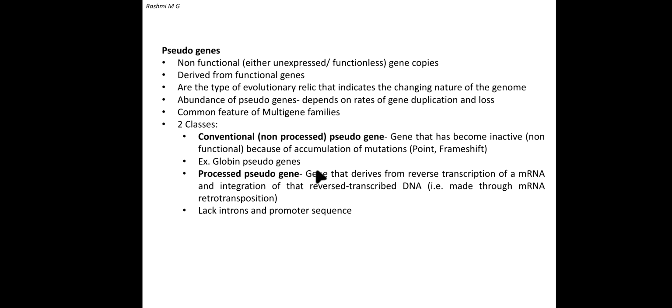And there are two classes of pseudogenes: conventional, which is non-processed; and processed, which has undergone some changes like reverse transcription of mRNA or integration of reverse transcribed DNA. In conventional, there is no such thing happening. It is inactive because of accumulation of mutation, for example globin pseudogenes. And processed pseudogenes lack introns and promoter sequence.